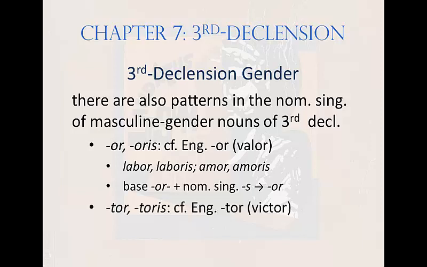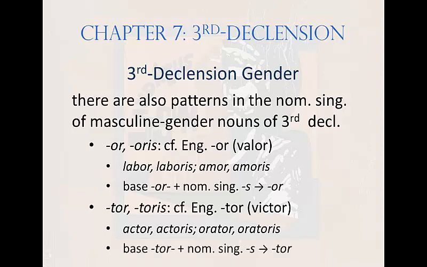Another very closely related example is -tor, -toris, from which we get words like victor. Latin words like actor, actoris, meaning actor, and orator, oratoris, meaning speaker, are invariably masculine in gender. And note that the nominative singular -tor operates much like its close kindred -or, dropping the s to produce a nominative singular -tor.